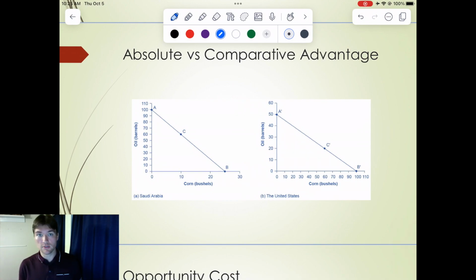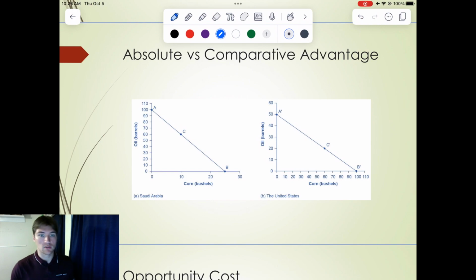Let's look at two different countries, and these are their production possibility frontiers, how much they're possibly able to do. Now, the same thing can go with two people. You could have Alan and Ben, and they could have their production of sandwiches and completing homework assignments. Same idea.